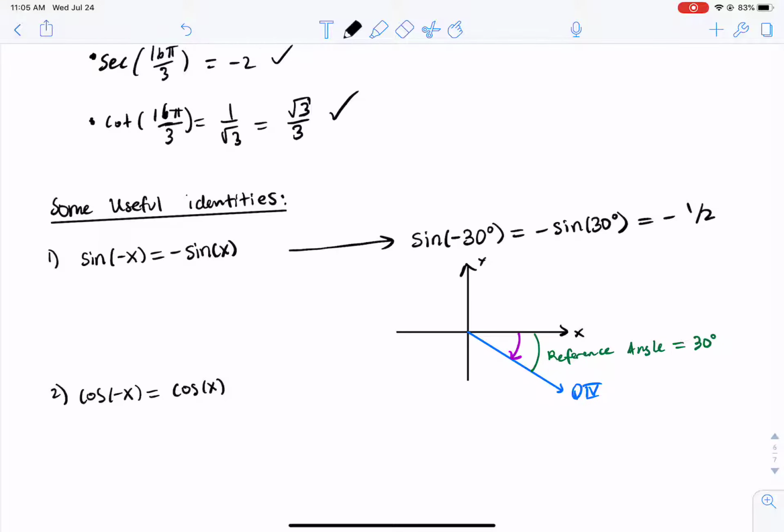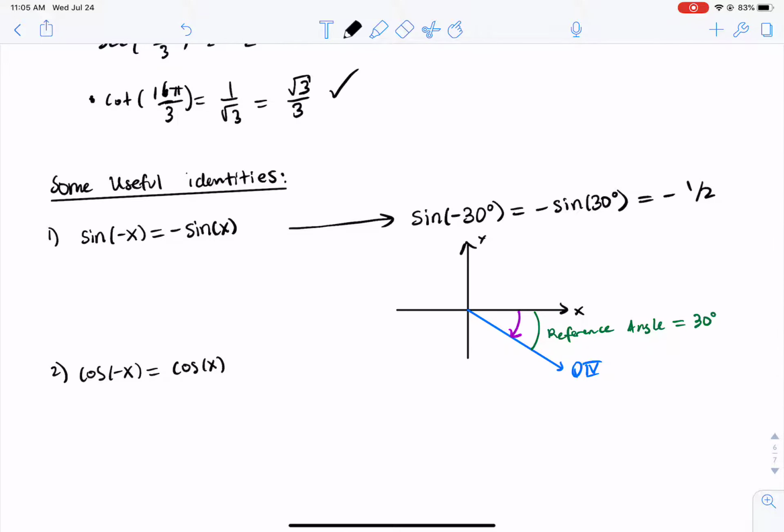And this is useful because think about it like this: if you're evaluating cosine of negative 30 degrees, having a negative in the input doesn't mean anything for cosine. This is the same thing as cosine of 30 degrees. It doesn't do anything at all. So what is cosine of 30? That's radical 3 over 2.